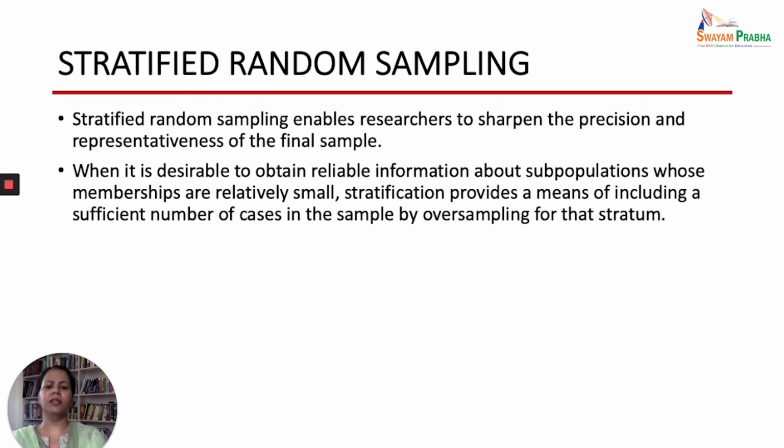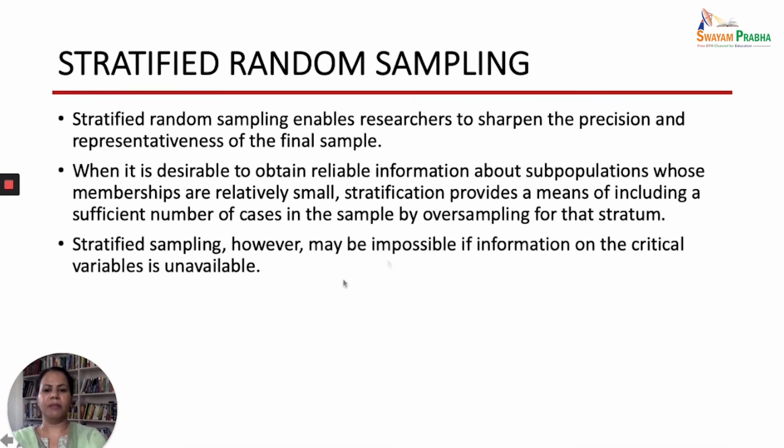So whenever we have reliable information about a subpopulation, where we know that in our population the representation is low, then through stratification we can include a sufficient number of cases so that that particular stratum is also present in sufficient number in our sample.